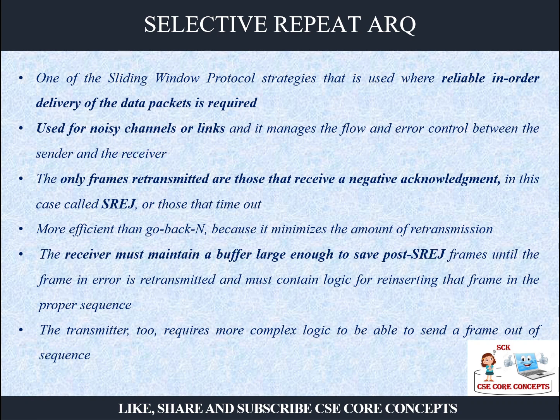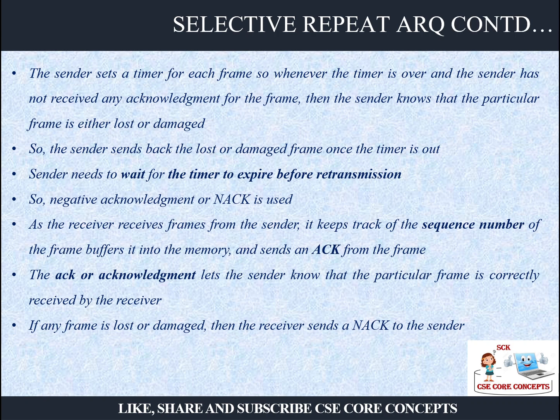So the sender, that is the transmitter, requires some logic to handle a frame which is out of sequence, because it was working in one sequence and suddenly it got a negative acknowledgement for some frame which it has earlier transmitted. So it has to go back and retransmit it.